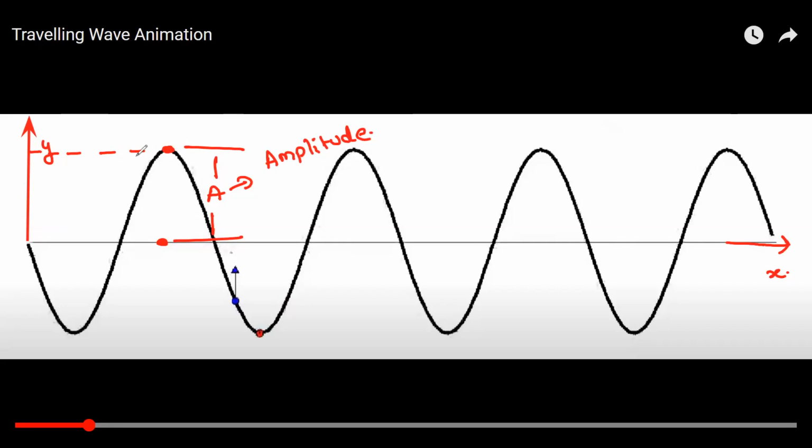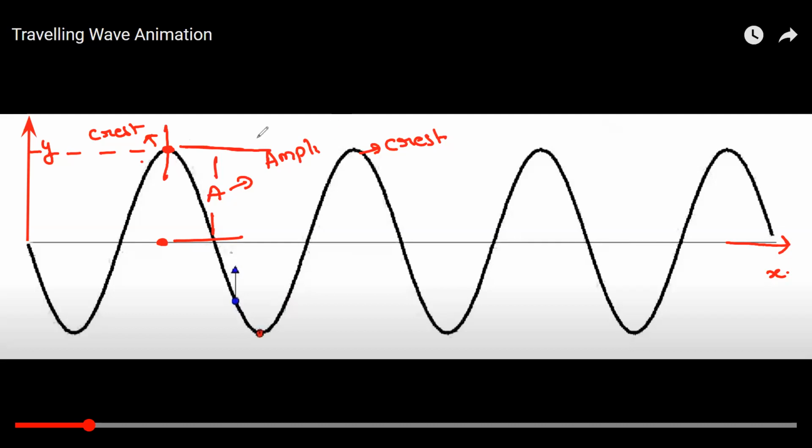See, this is called crest. This is called trough. This is also crest. So the distance between two consecutive crests is wavelength.